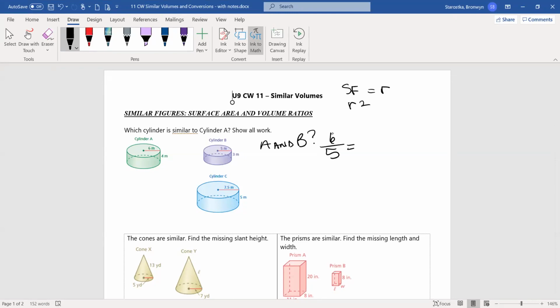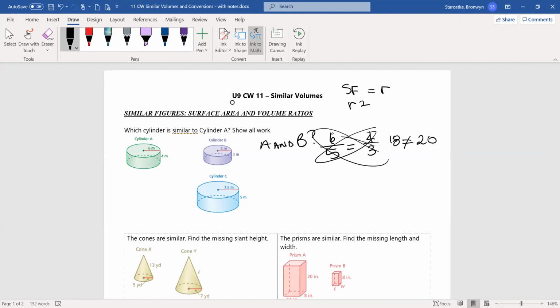Is that equal to height to height? When I do my cross product, oops, that's not a 5, that's a 3. When I do my cross product, 18 does not equal 20. So A and B are not similar.